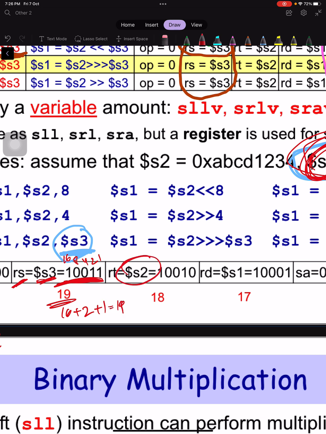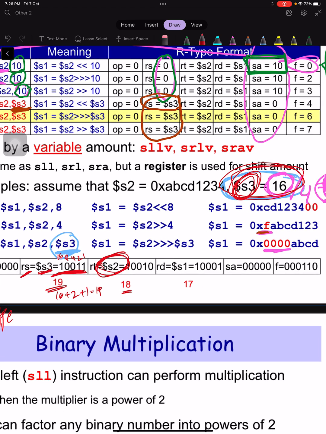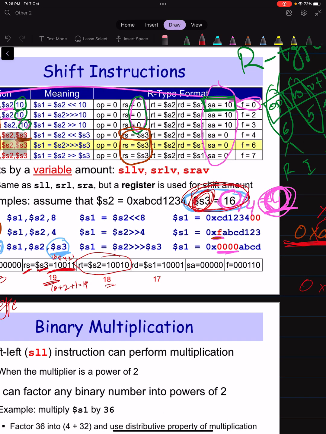Okay, and register S2, يعني save 2, is actually 18. طبعا شنو هذا بالضبط؟ هذا الشيء اللي نبغى نسوي له shift. احنا وسيفناه في الRT. Okay, which is register 18, which is S2.